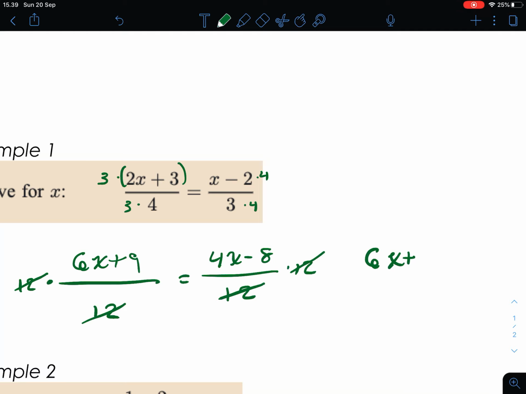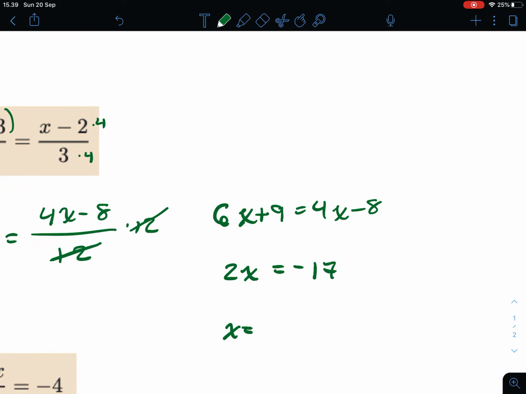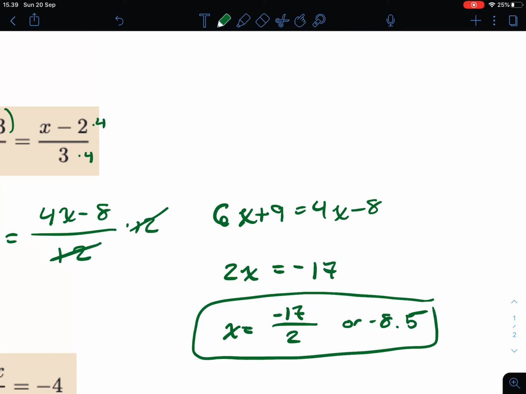Those 12s all divide out to 1, and now I'm just left with the numerators that I had earlier. 6x plus 9 equals 4x minus 8. And now I can solve this equation. If I get all the x's on one side, everything else on the other side, then I'm going to have x equals negative 17 over 2, or negative 8.5.